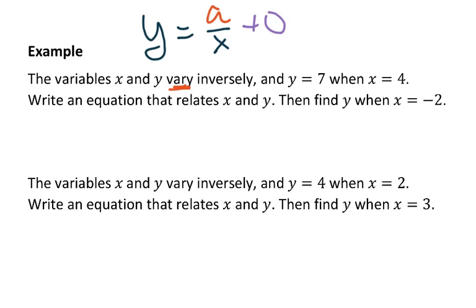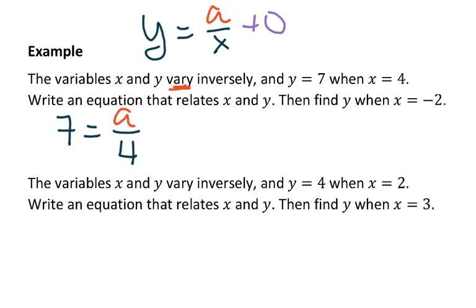It says that y is 7 when, and it's inverse, when x is 4. So we're going to solve for the constant of variation. We're going to solve for the a value.